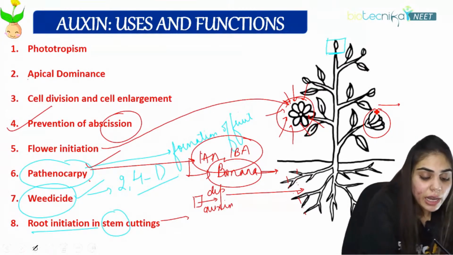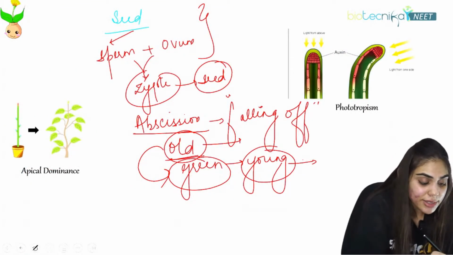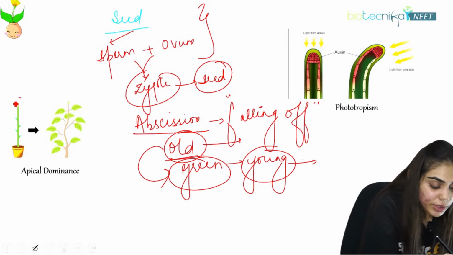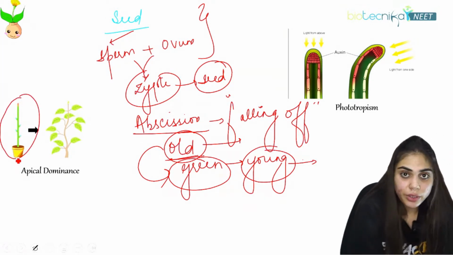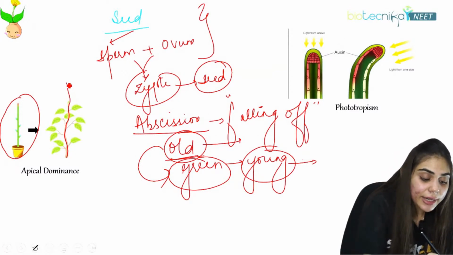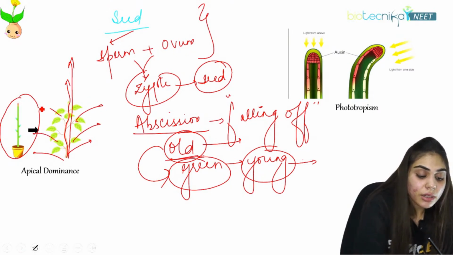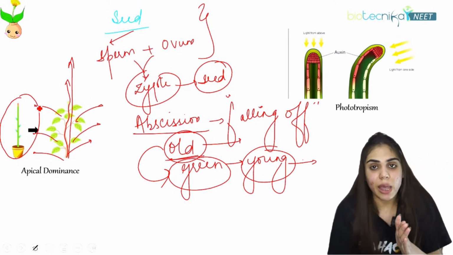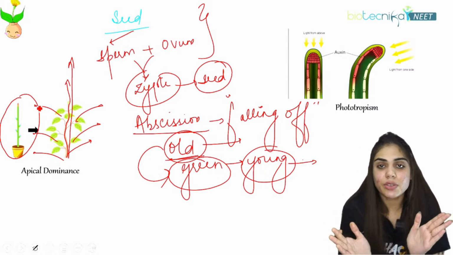So it is also helping in apical dominance. What is apical dominance? You can see here, this is the plant, and the plant has not grown yet. Now if the plant is attaining height and the height is increasing, but the sideways growth is not increasing much, this is what is called apical dominance, in which only the apex of the plant grows, but it inhibits the sideways growth of the plant.